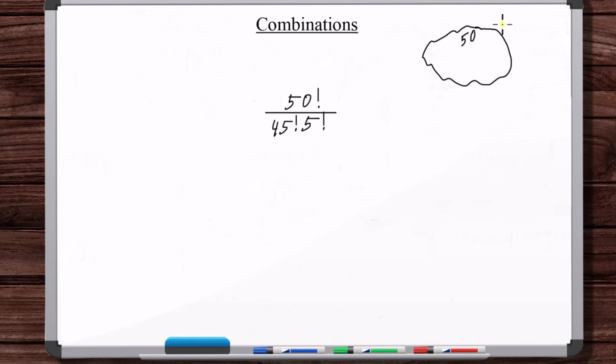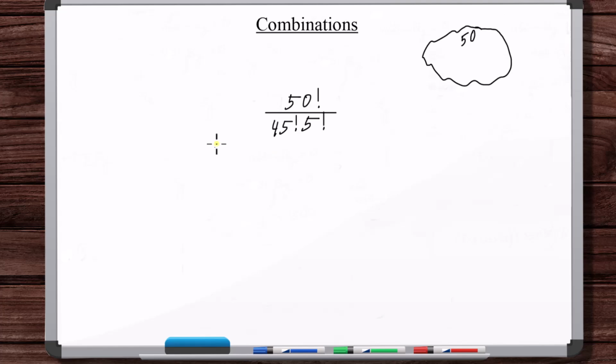And now that's exactly what we're looking for: the number of ways you can pick a 5-person basketball team from a group of 50 basketball players, but you don't care about the order of the basketball players. In this case, that's referring to the number of combinations, not permutations. You say combinations, not permutations.